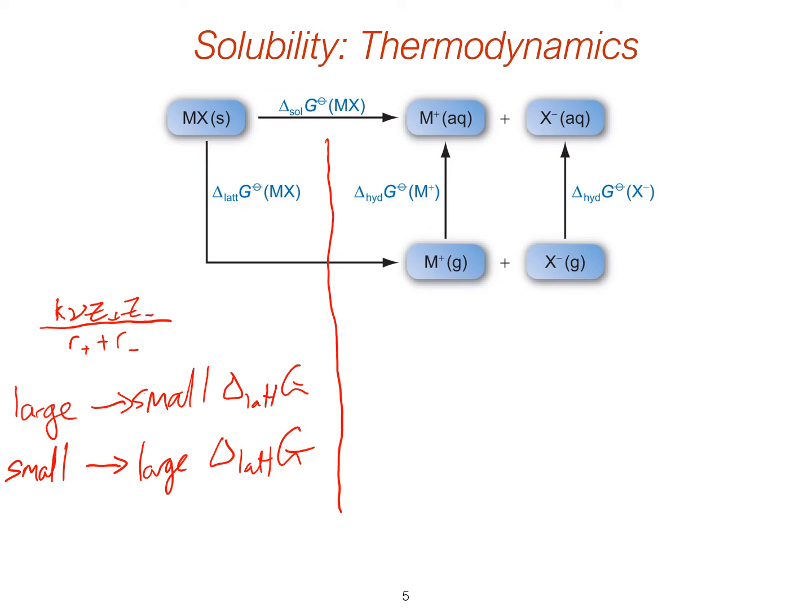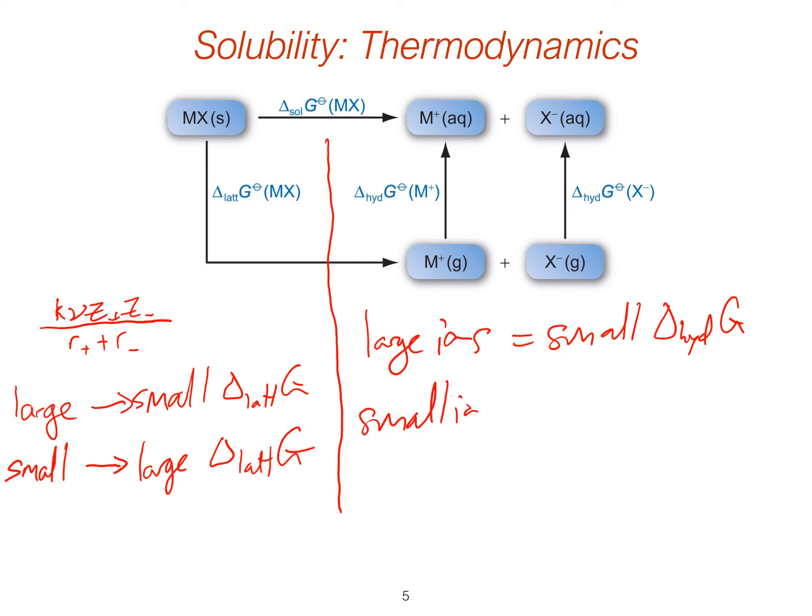So now looking at the energy of hydration, there's not really an equation for this. It is more of a rule, that large ions have a smaller hydration energy, and small ions have a large hydration energy.